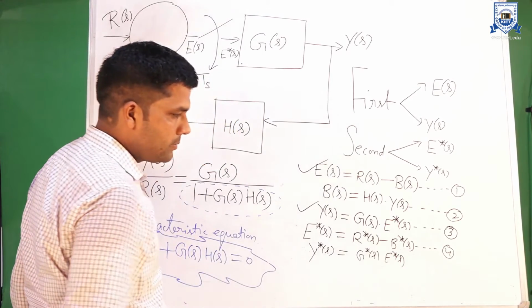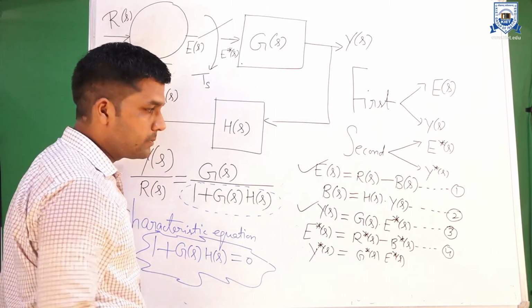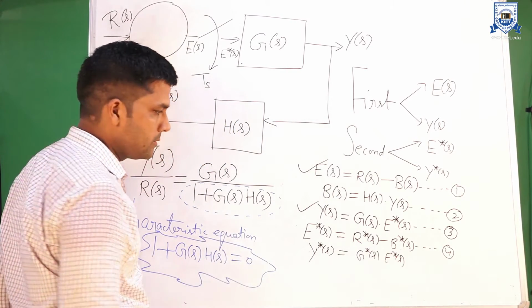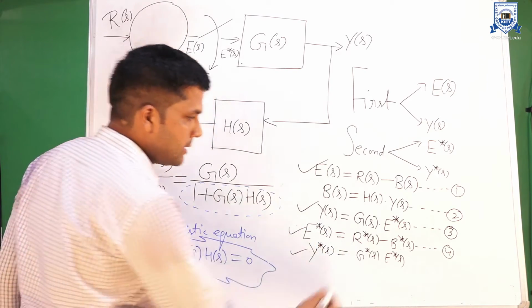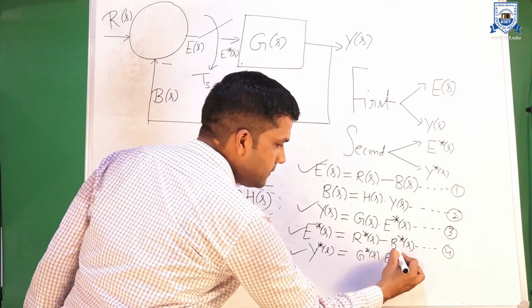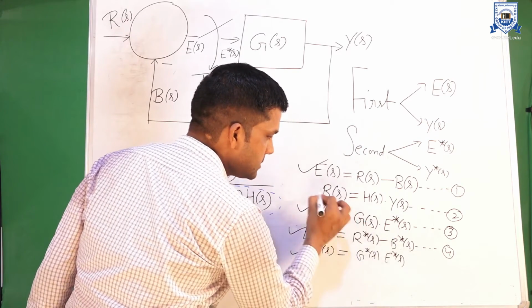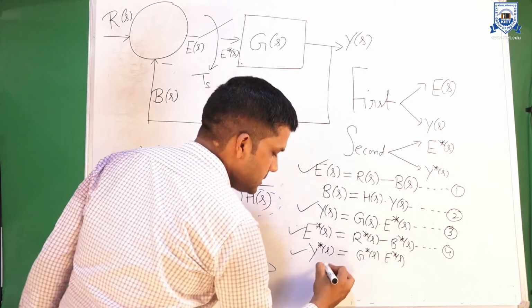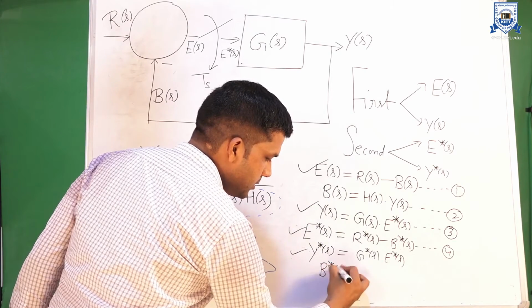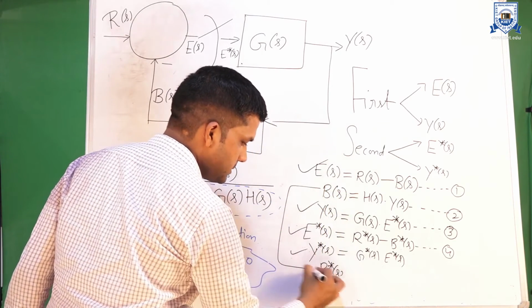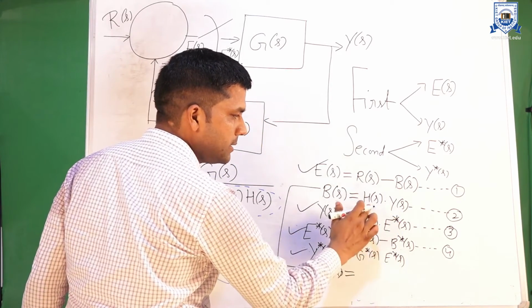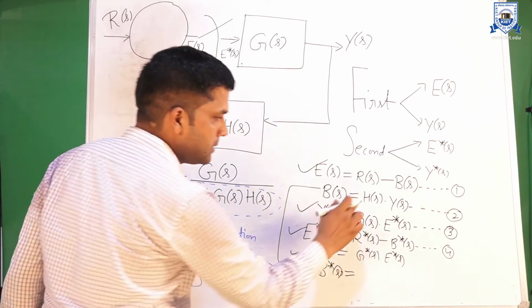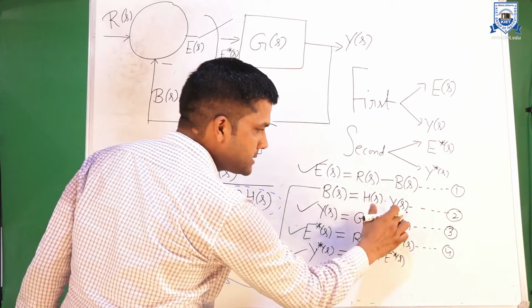There is no problem because we have seen the property of the sampler in the lectures. Here we require B star(s), the sampling of B(s). It depends on you whether H(s) is sampled or Y(s) is sampled.